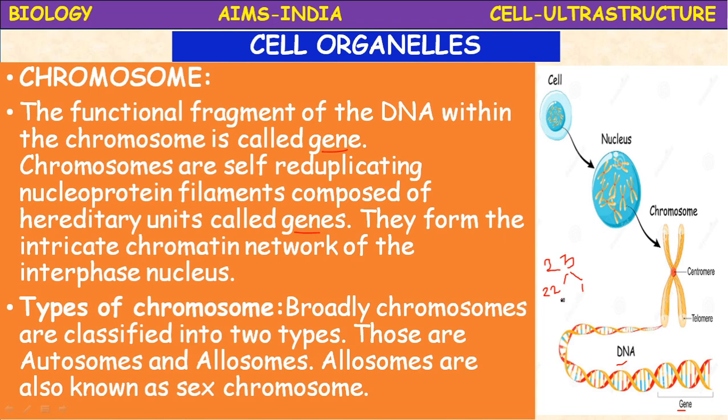Here the 22 pairs are called autosomes. Autosomes represent the vegetative parts of the body. We can say autosomes are present in the vegetative organs and body parts, except the reproductive organs.